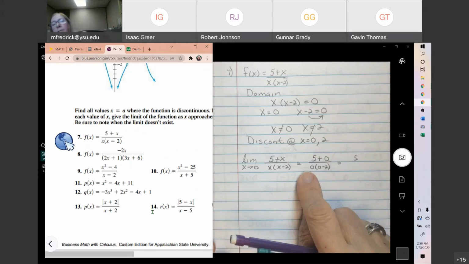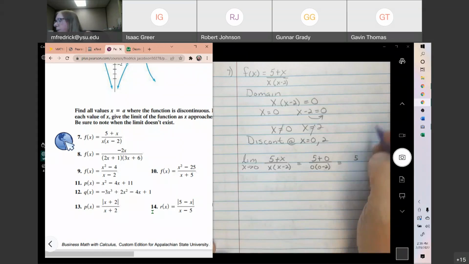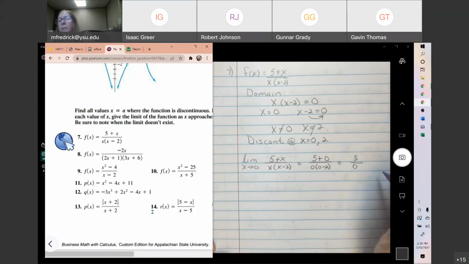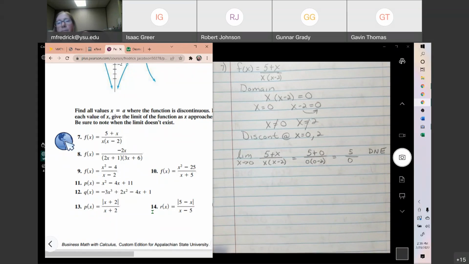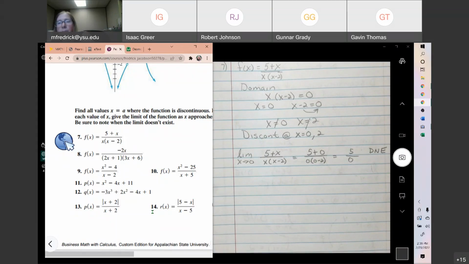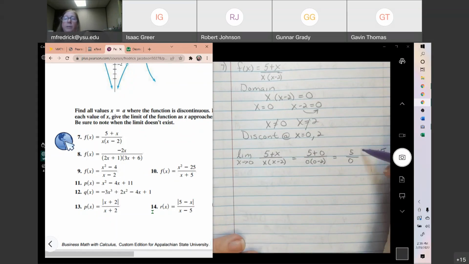But on the bottom, 0 times a negative 2 is 0. Well, you can't take 5 divided by 0, so it does not exist. Now, other problems that we did when we had 0 in the bottom, we also had 0 in the top. Then you need to go and reduce. And we'll do one where that will happen.